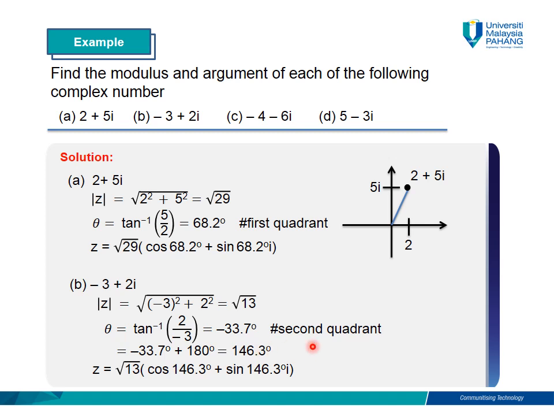But if you want to use the other formulation as I highlighted before, you can also use arctangent 2 divided by 3. But how do we use that formula? I will show you.